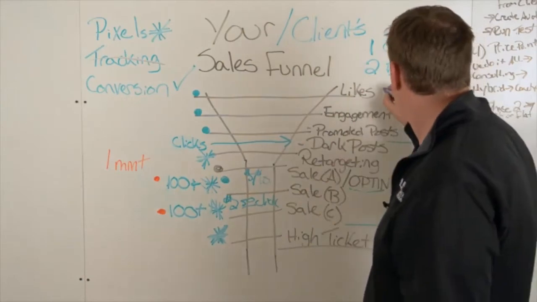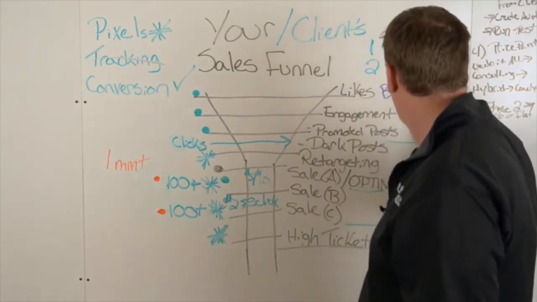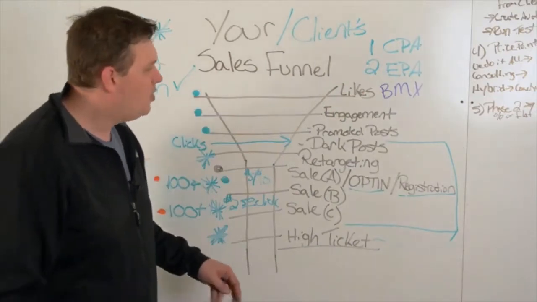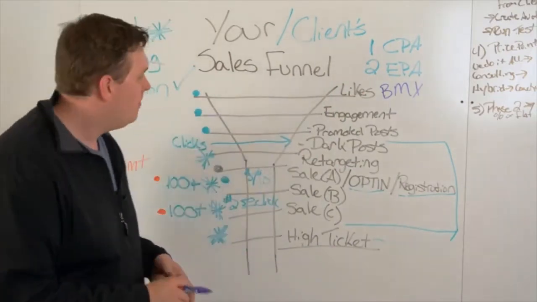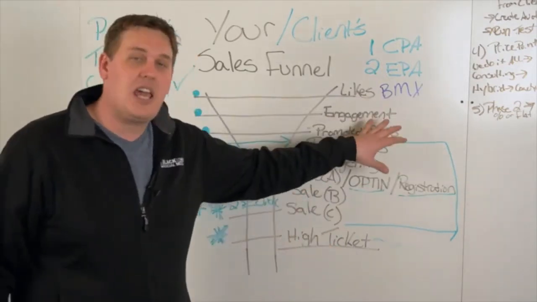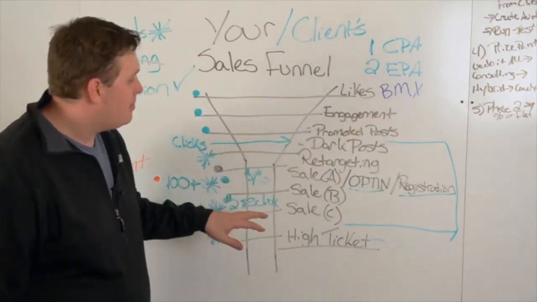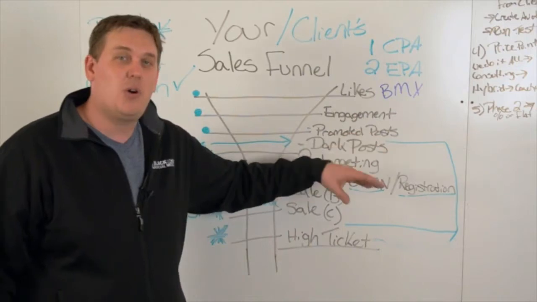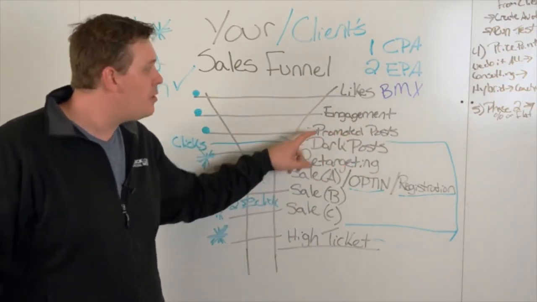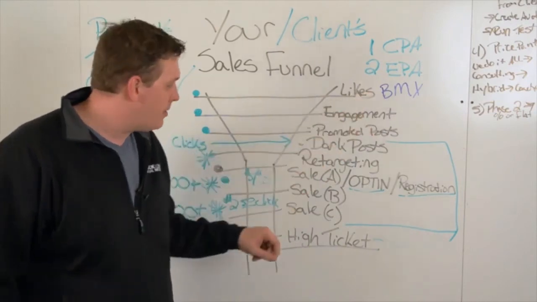So let's say BMX bikes. So you're targeting people with BMX bikes. Let's say you sell BMX bike products. You target BMX and you get a bunch of likes. You figure out which engagement that people like to see about BMX bikes. You run some promoted posts to validate that in your like stream. Now you start running dark posts to the people where you were promoting likes for BMX.